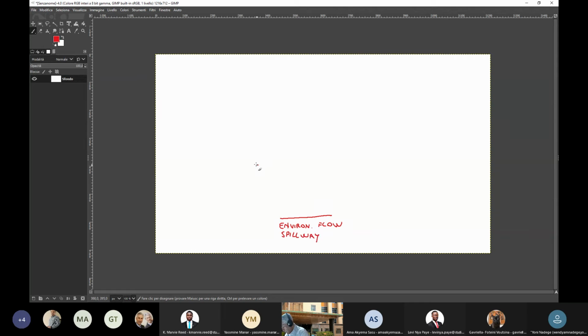Here I have the diversion spillway. Okay, and here I have the main spillway. I already explained why they are placed at these different elevations.